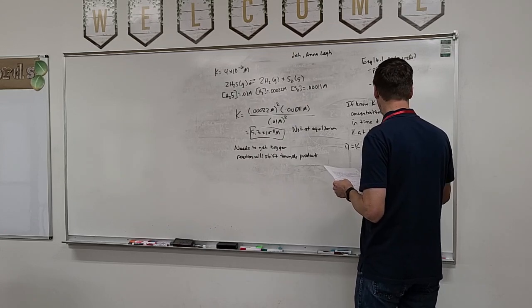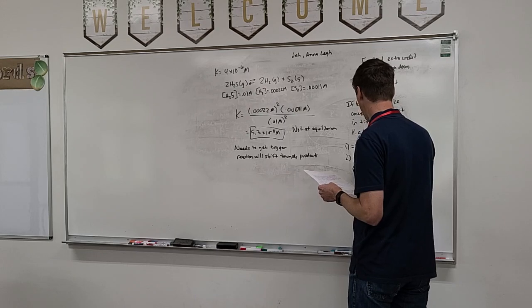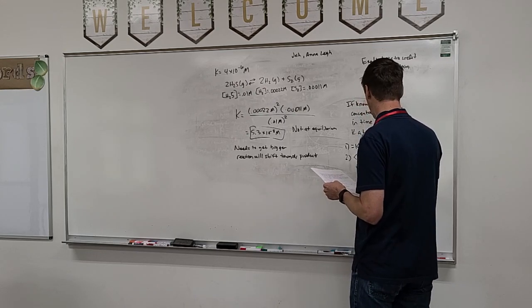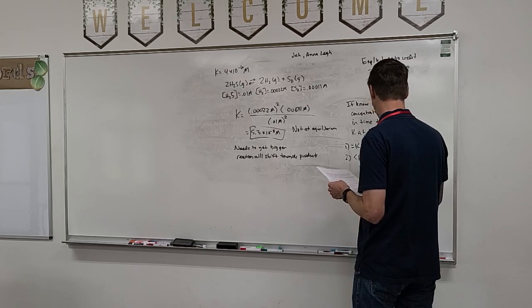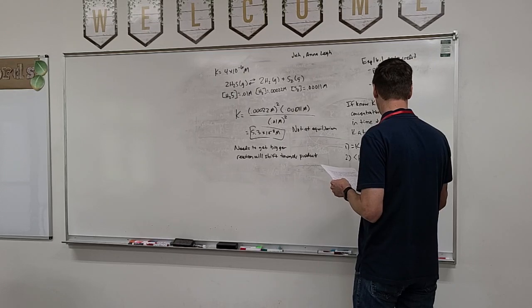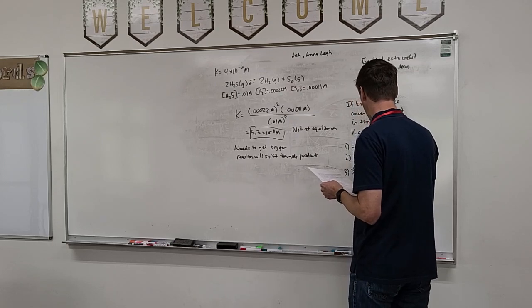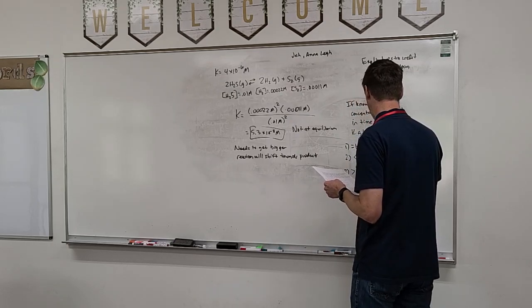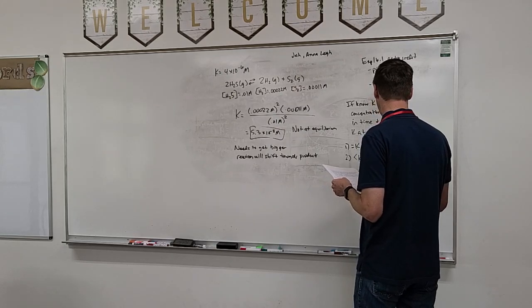If the value we calculate is less than K, then we'll shift towards products. And if the value that we calculate is greater than K, we'll shift towards reactants.